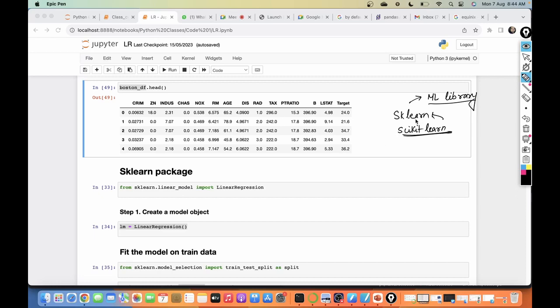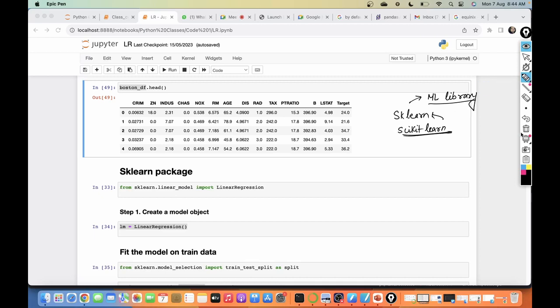Okay, so we will import all the models that we are going to learn in future. All those models will be in this Sklearn library. So first we will learn the algorithm, the mathematics behind it, and then when we code that model in Python, we will take the help of this Sklearn library.